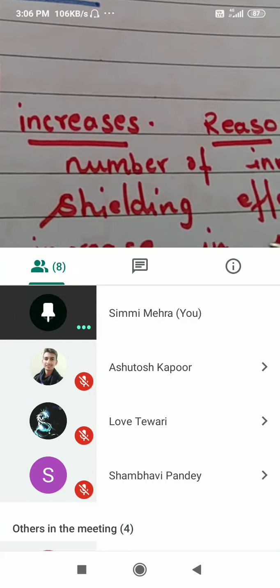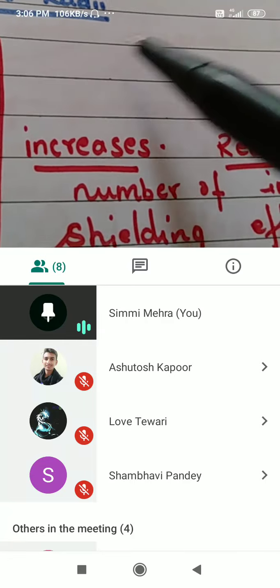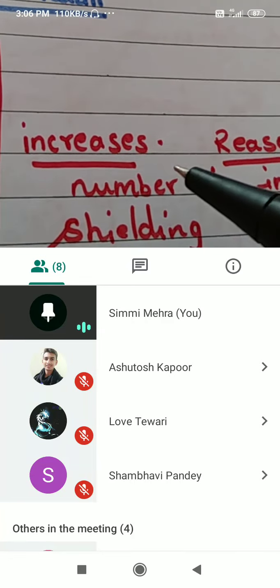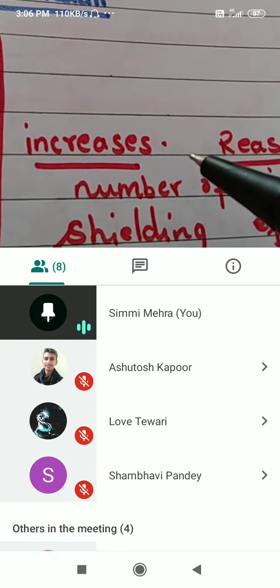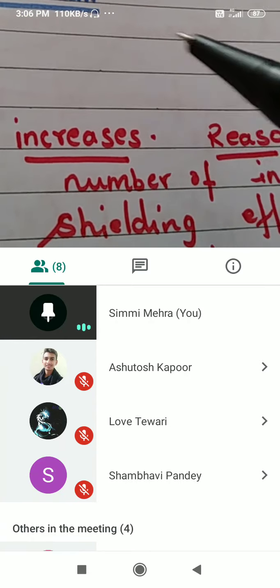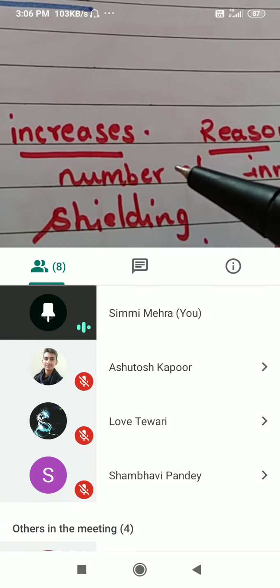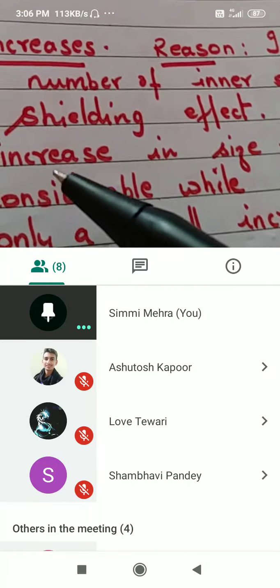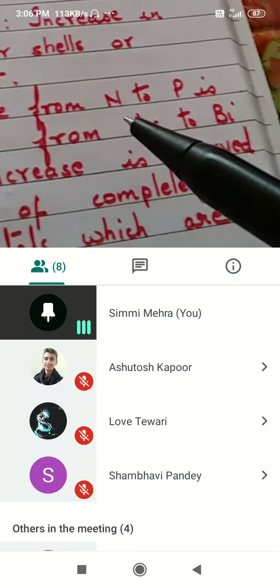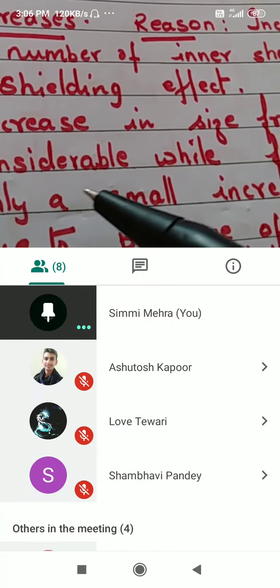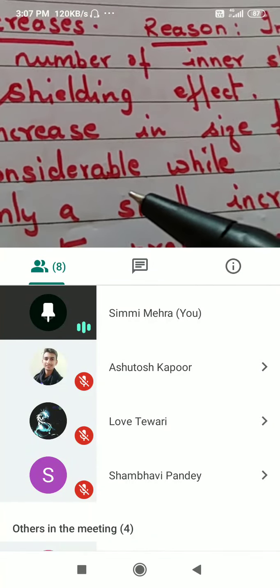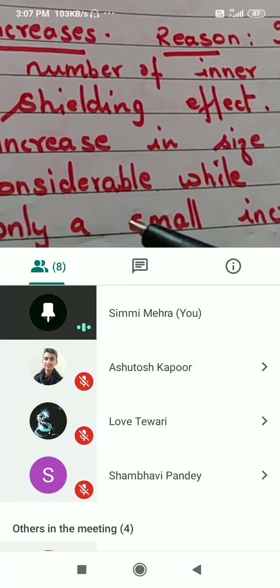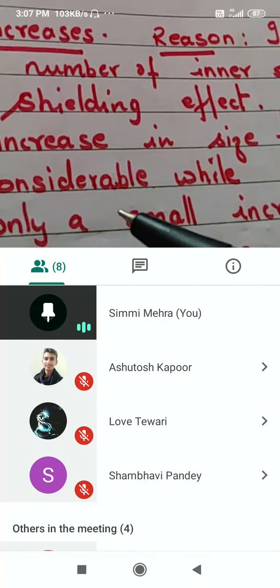All right, as we go down and the number of shells goes on increasing, what happens? Shielding effect comes into play, right? Size goes on increasing because of addition of new shells. Increase in size from nitrogen to phosphorus is considerable, means it can be noticed. It is more as compared to the other elements.